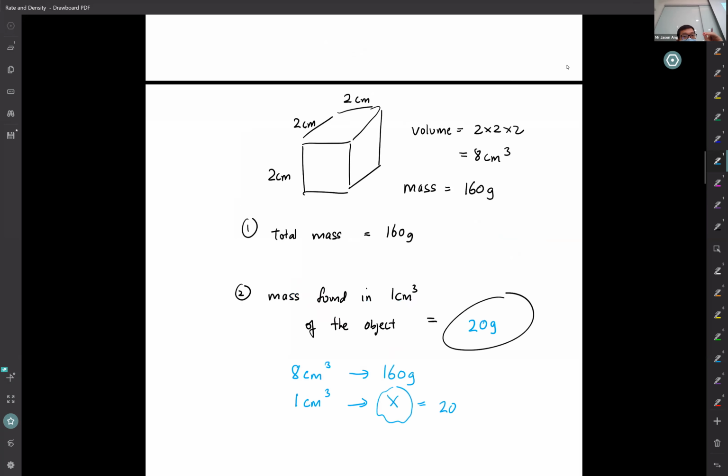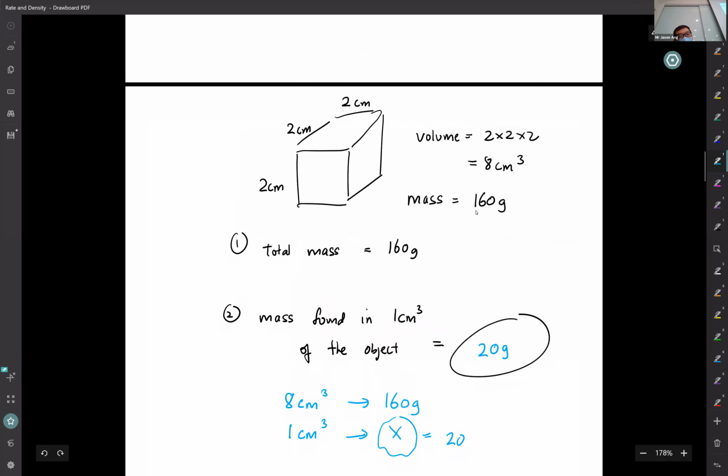Now let's go back to this diagram again. I'm going to show you where the 1 cm cube is. Because this diagram is drawn 2 by 2 by 2, would you agree that these green lines that I'm drawing demarcate the midpoint? So what is 1 cm cube? 1 cm cube is actually this green cube here.